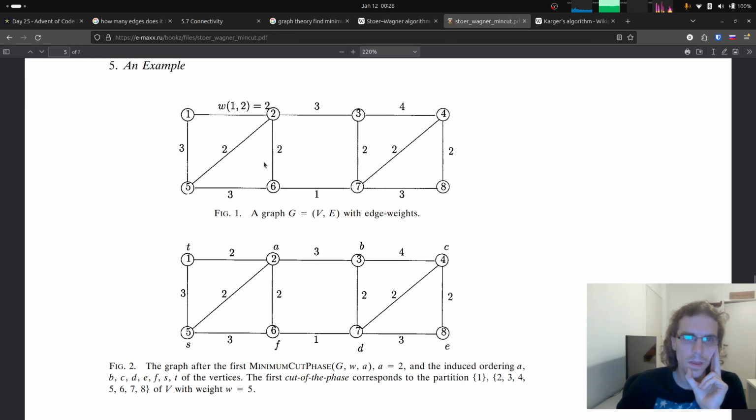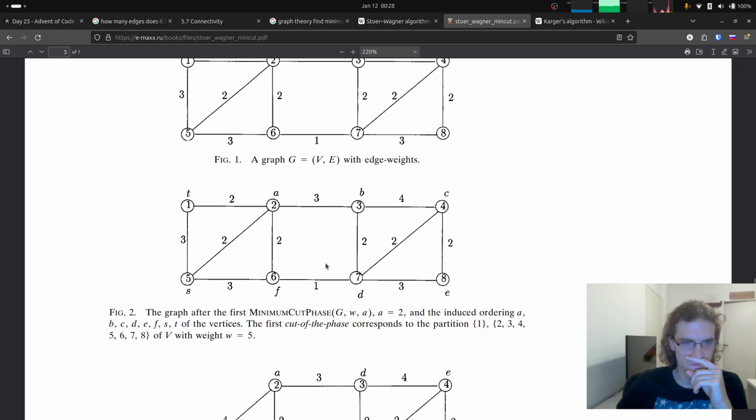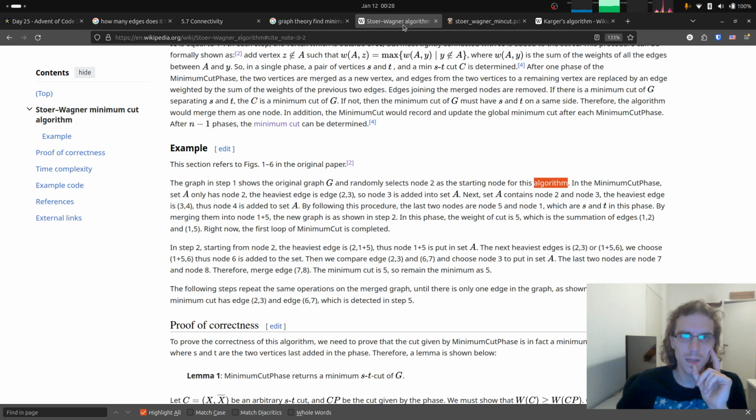So node 2 is this node, and of course nodes and edges have numbers as their identifiers. And the weights are these edge weights. The graph after the minimum cut phase, G with A equal to... okay, so A is a node, right?